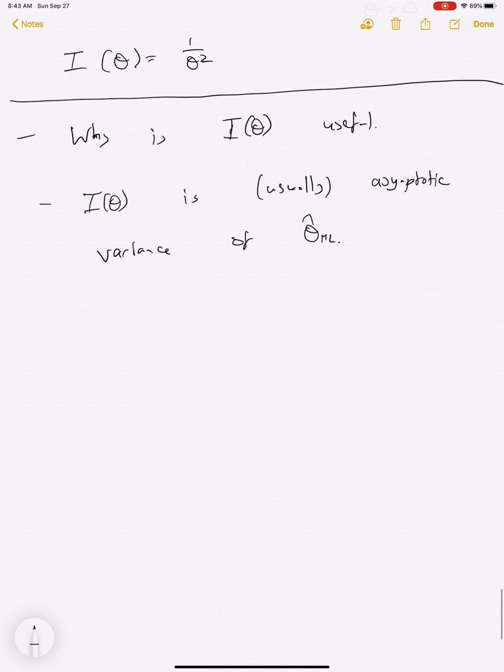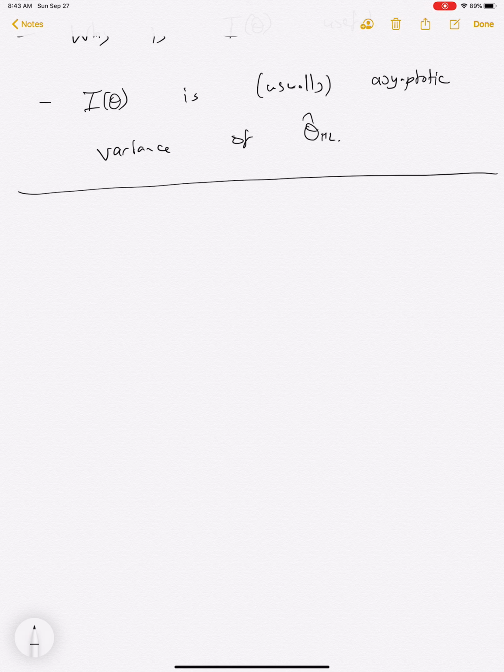And so essentially this leads to the following result, or theorem.